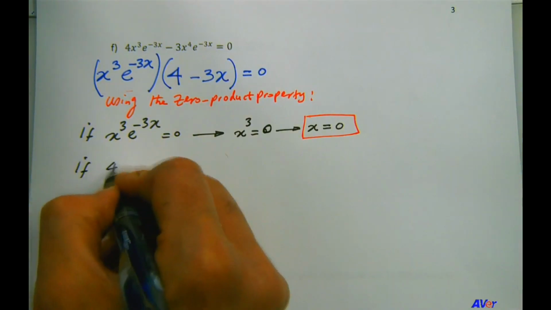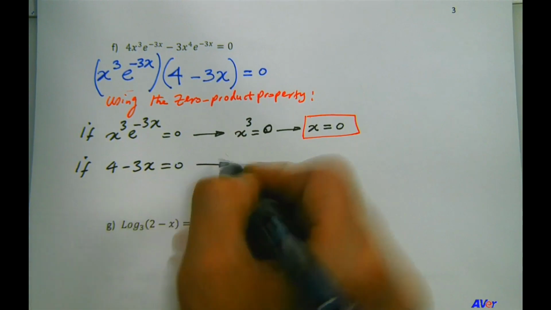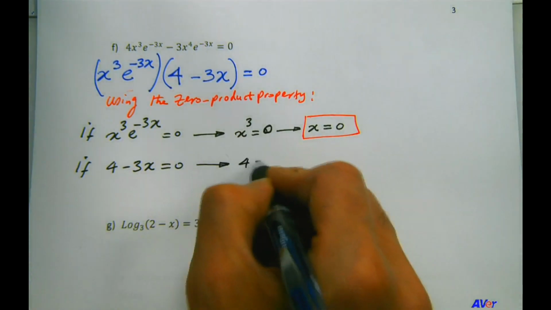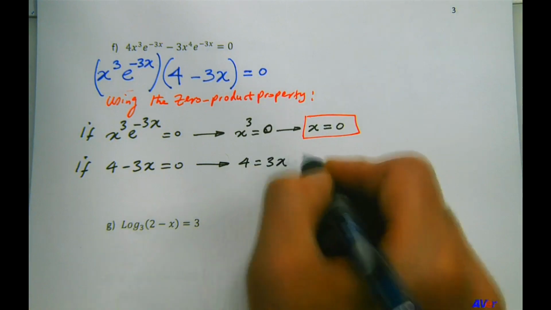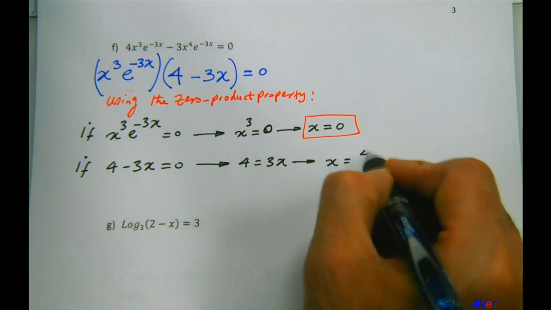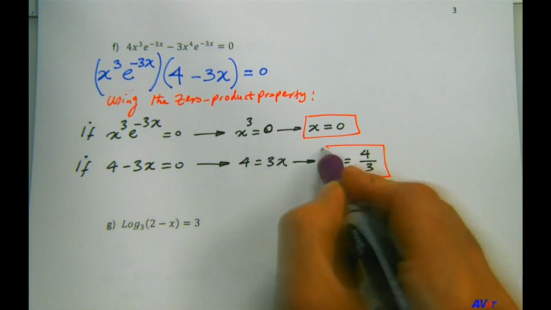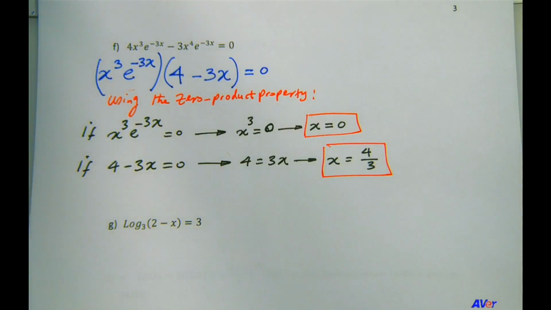If 4 minus 3x is equal to 0, then 4 equals 3x, right? Therefore, x is equal to 4/3. So we've solved this problem without really using the log or natural log properties. Okay?